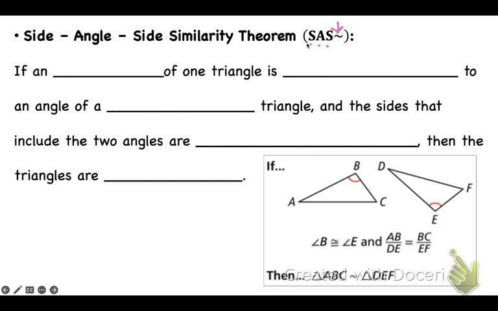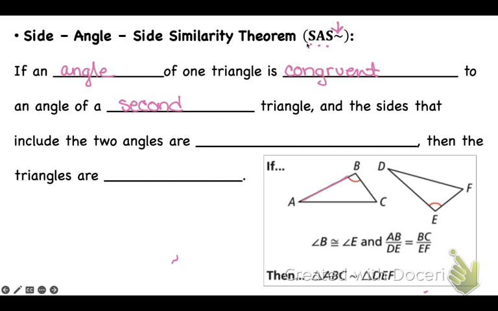So if an angle of one triangle is congruent, because remember, angles have to be congruent, sides have to be proportional, right? So if an angle of one triangle is congruent to an angle of a second triangle, and the sides that are included, now what does it mean to be included?